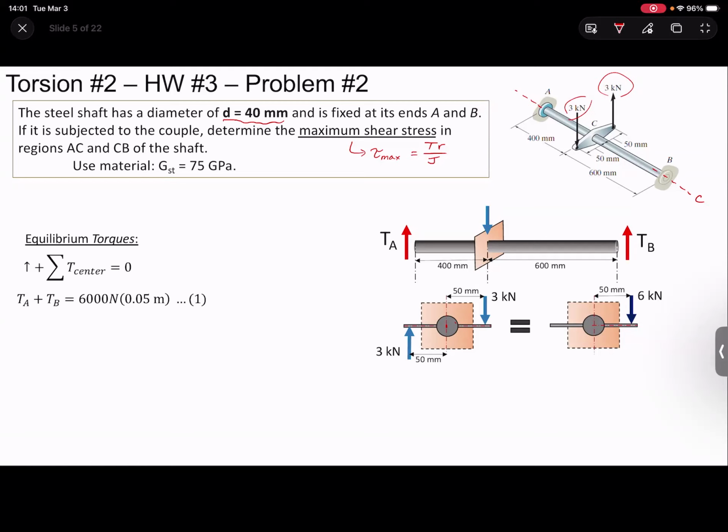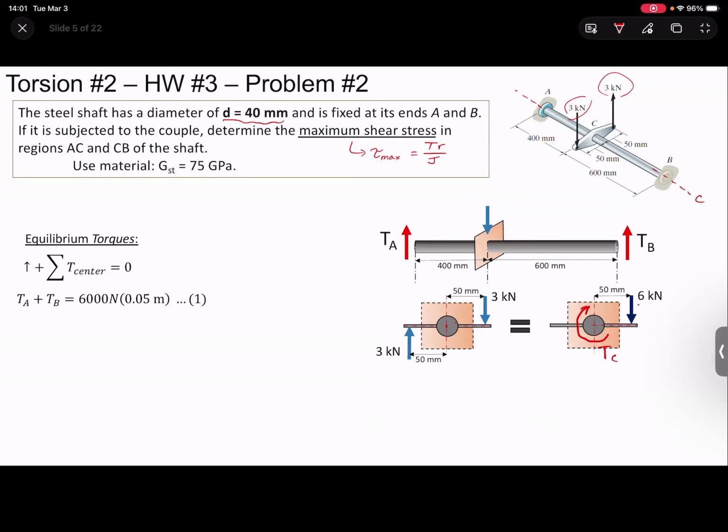Excuse me. Why do you multiply it by the 0.05? So yeah, this is what we're looking for, the resultant torque or twist here at C. So we have a force that's given of 6 kilonewtons, and that force is acting 50 millimeters away. So you're doing it because it's the outermost part of the square, whatever it is.